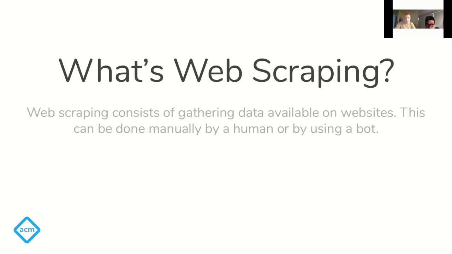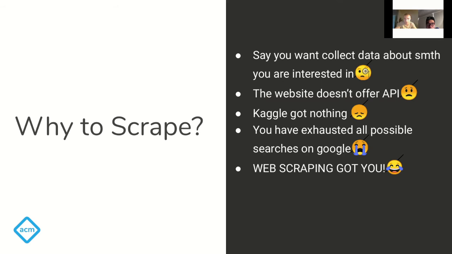So what's web scraping? It consists of getting data available on websites. This can be done manually, but since we are all people who are good with computers, we're not going to do that. We're just going to use a bot for it. And why would you need web scraping?